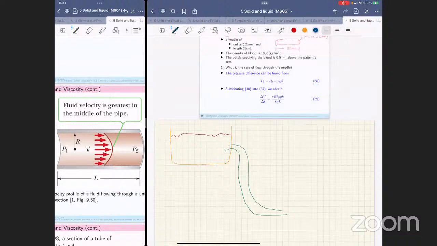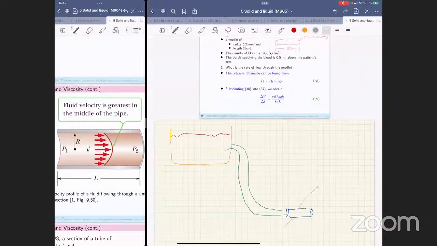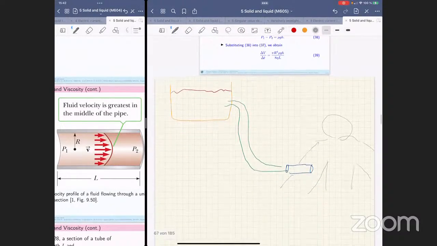The needle is right here, and you plug it into the human body. I may not draw very well.